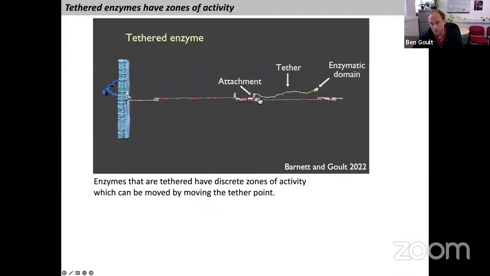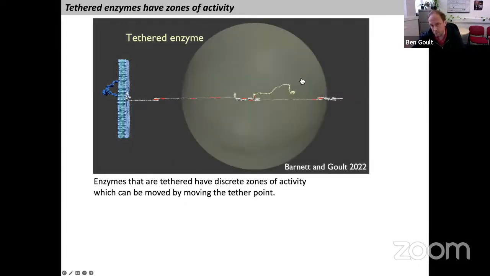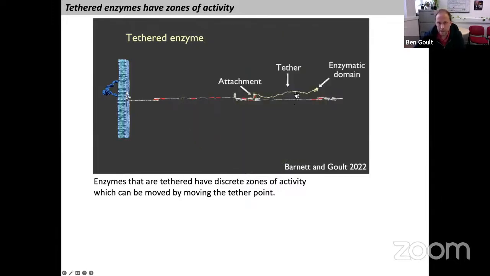And what that does is it means that each of these enzymes which have got a tether in this way are tethered to a certain location in the cell. So this one is an enzyme we're working on at the minute. This is bound to a domain, and then it's got its unstructured linker, and then that enzymatic domain is free to operate anywhere within this sphere.